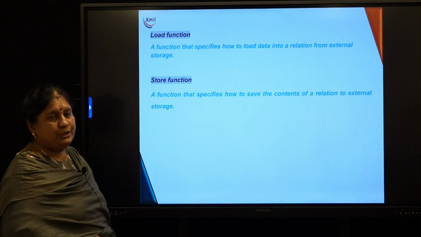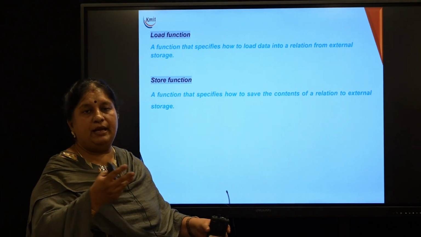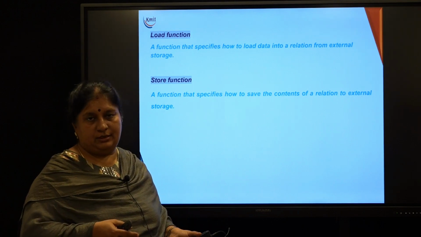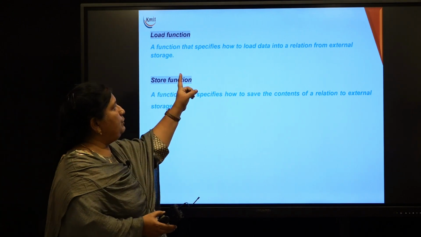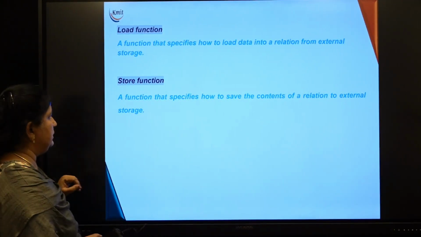And the load function is used to load the data into the Pig environment, into a relation, right. So, it is a function which specifies how you want to load data into a relation from external storage.